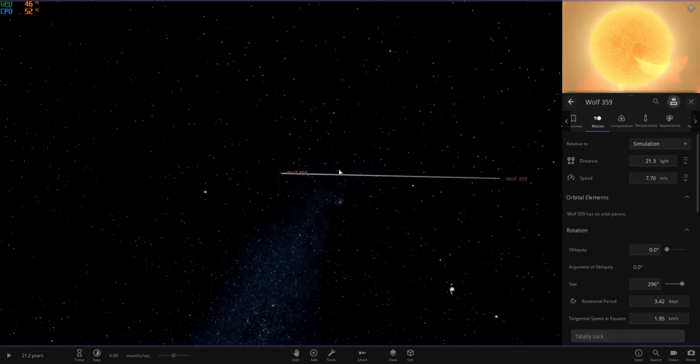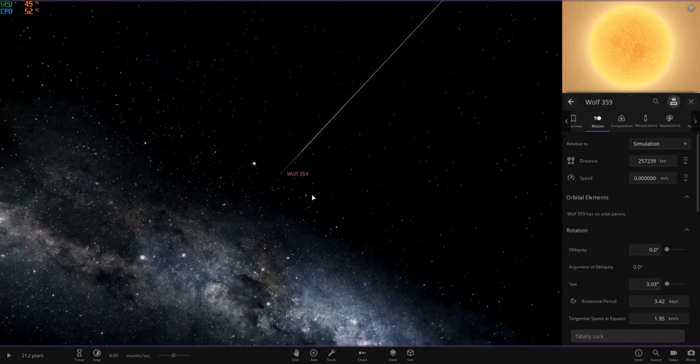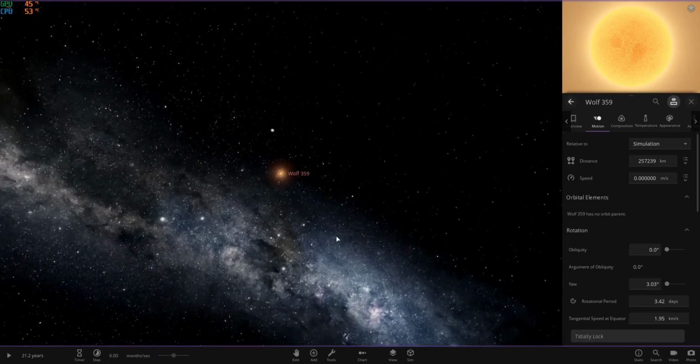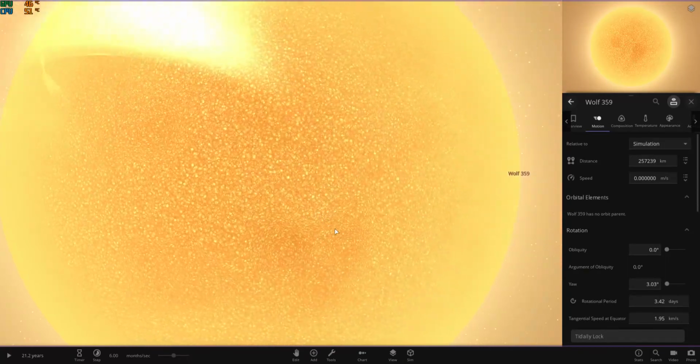Alright, so this civilization determines a possible colonization candidate. So the monolith finds a potential colonization candidate. The star is unstable and will explode. You can see it's going.